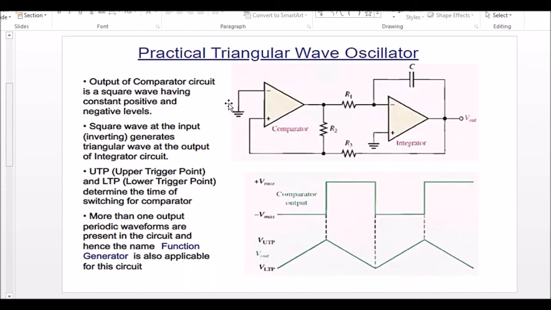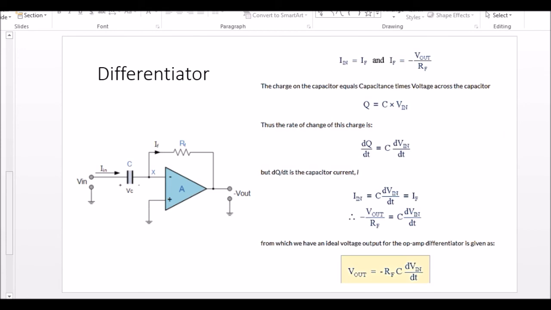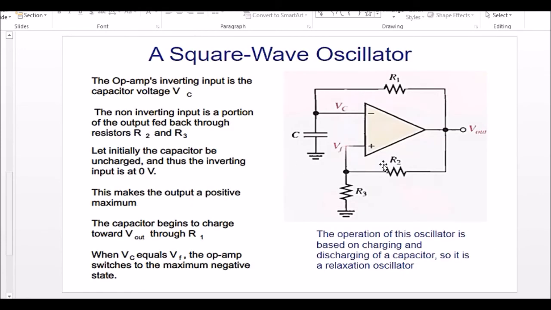This is your reference voltage, and you are feeding it back to the input. So if this fed back voltage is greater than your reference voltage, it would be a positive output. If it's less than your reference voltage, it would be a negative output. That's how your comparator works.